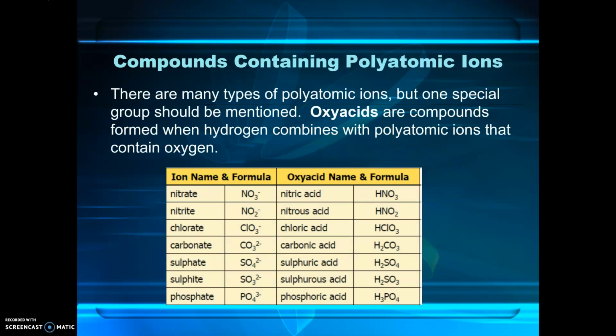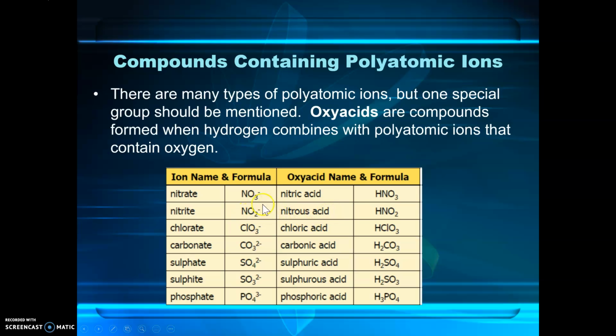There are many types of polyatomic ions, but one special group should be mentioned. Oxyacids are compounds formed when hydrogen combines with polyatomic ions that contain oxygen. We're going to be dealing with acids and bases. For example, here's a nitrate, and when a hydrogen attaches to it, it becomes nitric acid.